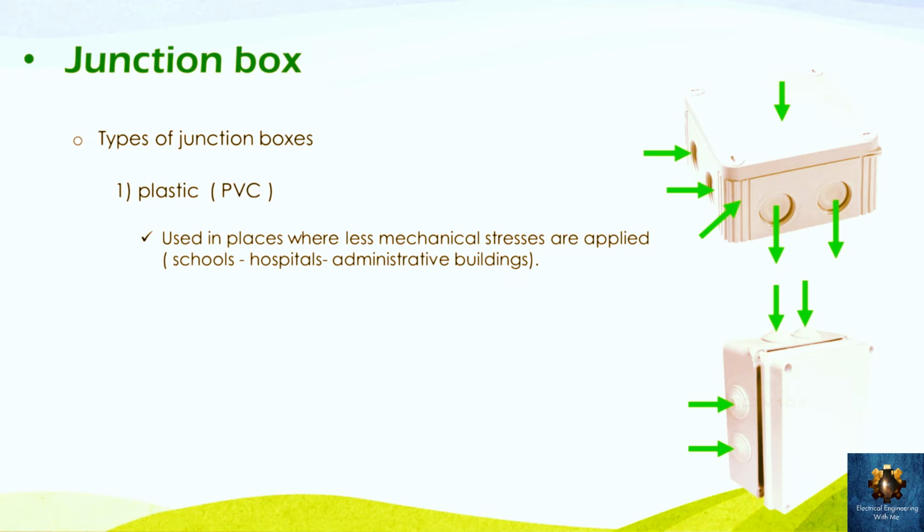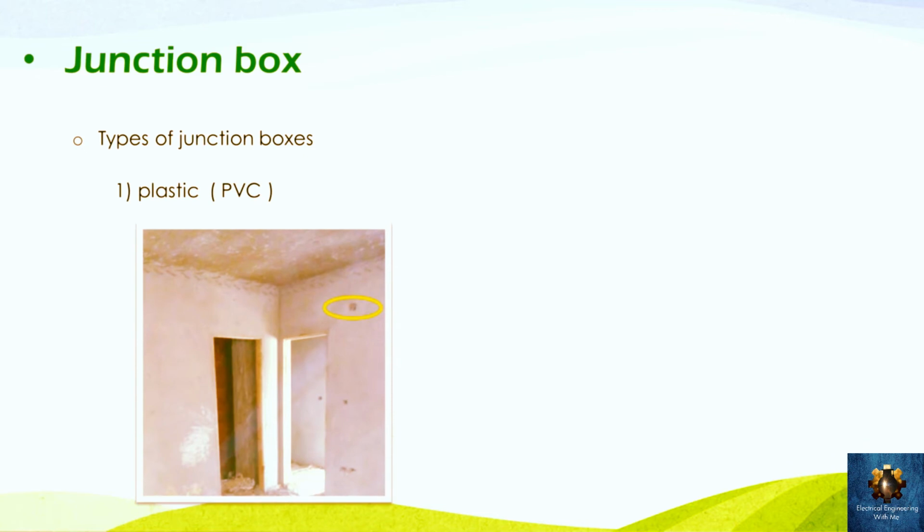Also, this type of junction boxes is embedded inside the wall, so what appears only is the surface of the box. And the third property of this plastic junction box is that it's a cheap one, and this is because it's made of plastic, so it doesn't cost much. Very good. And also, this is the shape of the junction box and the real design.